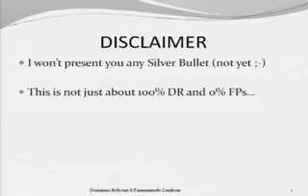And this talk is not just about reaching a 100% detection rate, where I'm able to catch everything with 0% false positives. So stay here until at least the 10th slide, and then you will see what I would like to show you that is different from the other systems that you could have seen before.